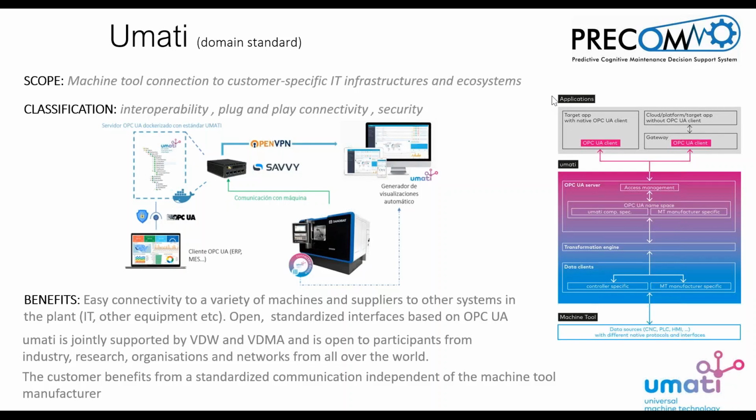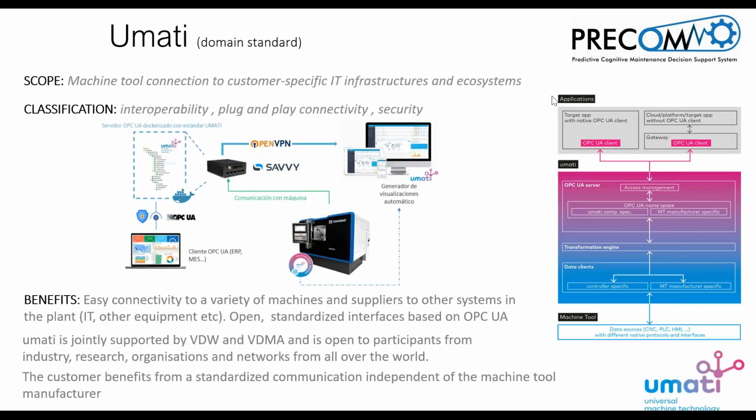So during the project, we learned about the Umati Standard, which is an initiative jointly supported by VDW and VDMA, which are the German associations for machine tools and capital goods. And they were in this initiative making this standard to make this connectivity easy.